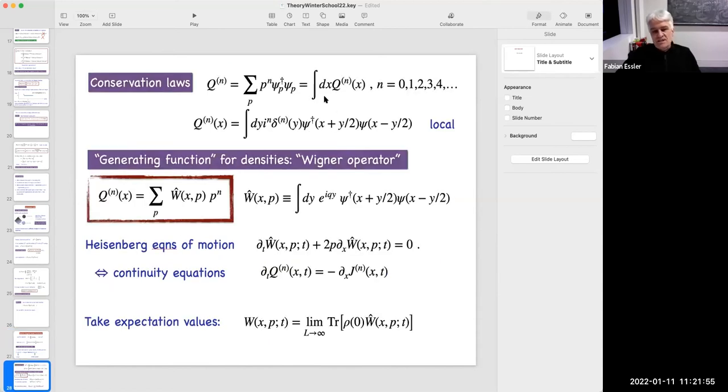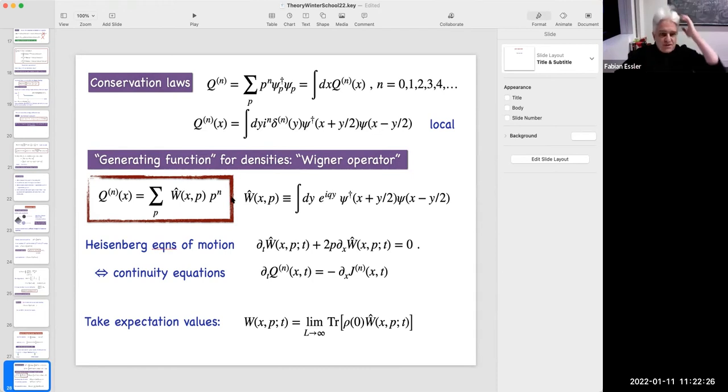And you can also easily convince yourself the densities of these conservation laws are in fact local. So you can work out what they are. The density can be written as an integral over an nth derivative of a delta function times psi dagger psi. And if you write this, it basically just involves the creation and annihilation operators at position x and n derivatives.